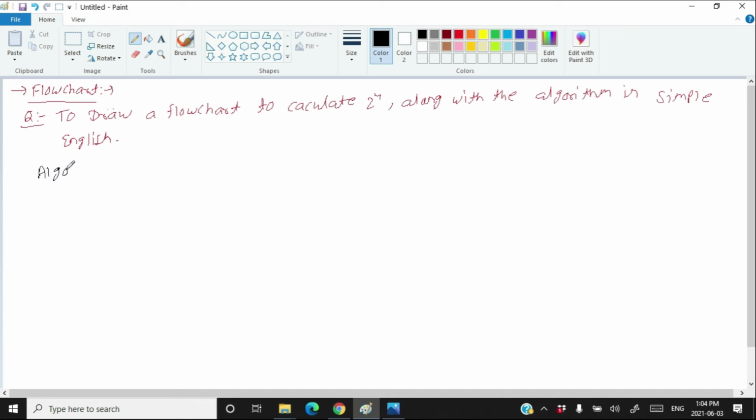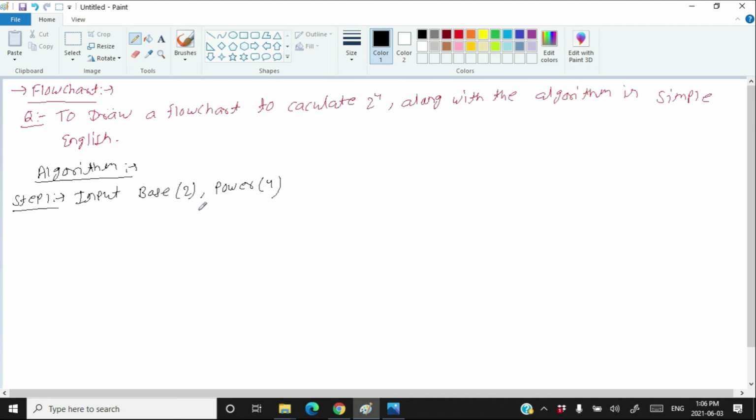First, we have the algorithm in English. Step 1. Input base and power. Here the base is a variable. Power is also a variable.